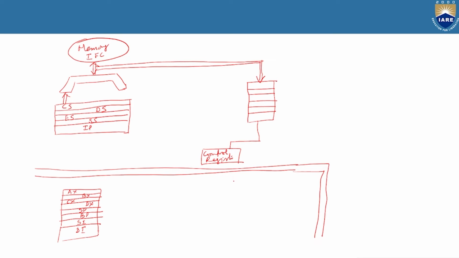And here there is an arithmetic and logic unit which performs the logic and arithmetic calculations. This is the ALU. And here we have operands and flags.